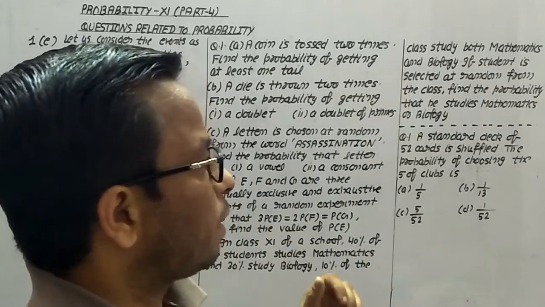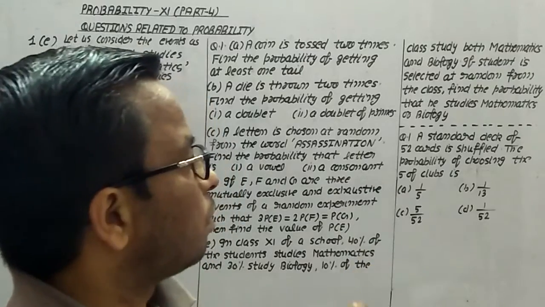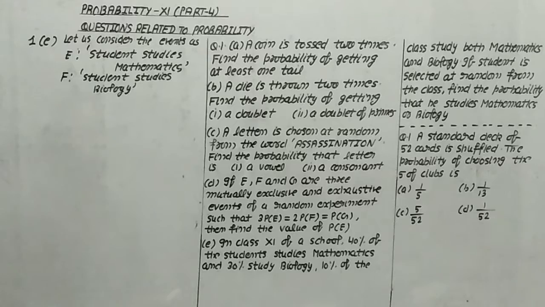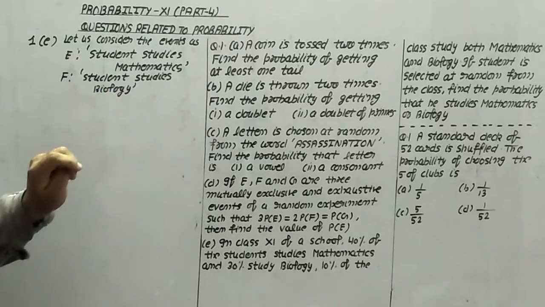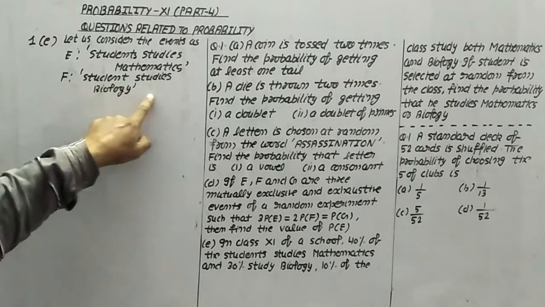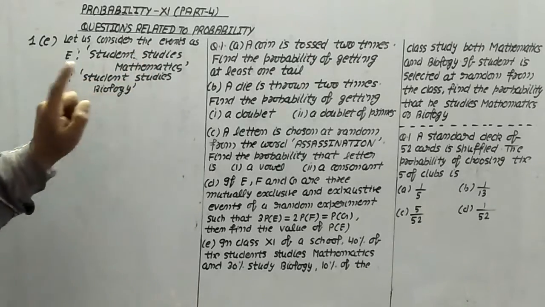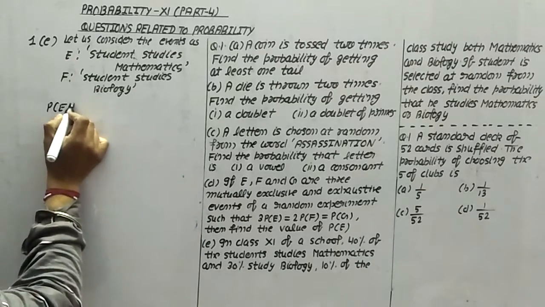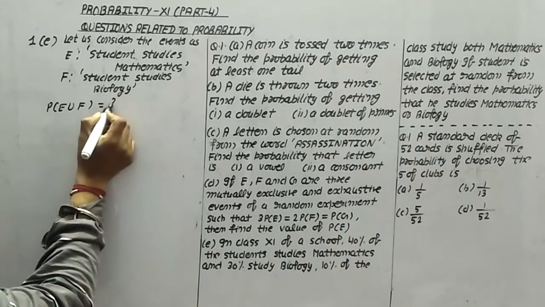If a student is selected at random from the class, find the probability that he studies mathematics or biology. So first of all, let us consider the events. E: student studies mathematics and F: student studies biology.